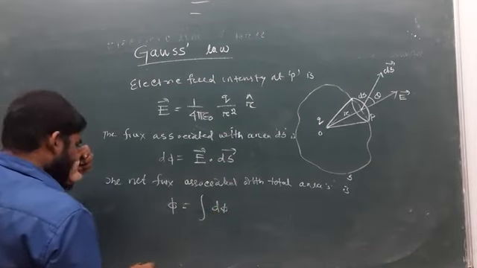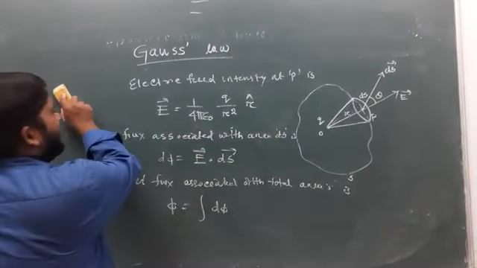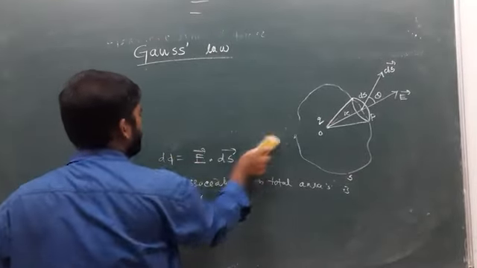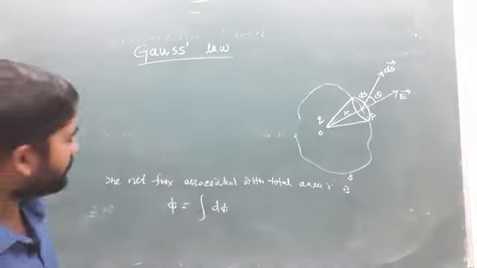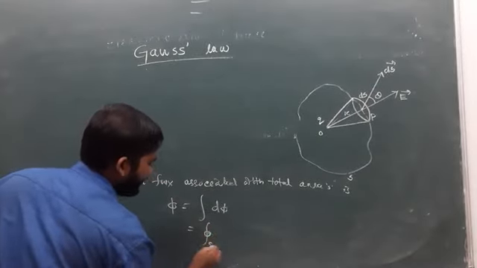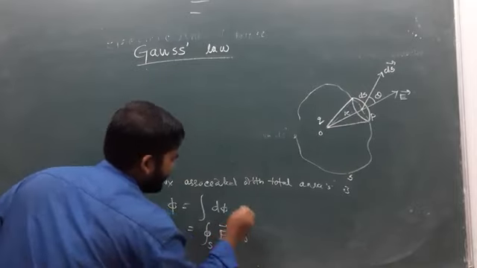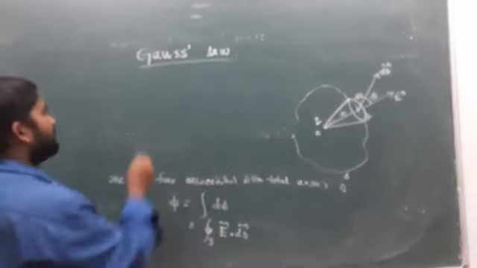And as the surface is a closed surface, we can use a closed integration over S of E vector dot ds vector.